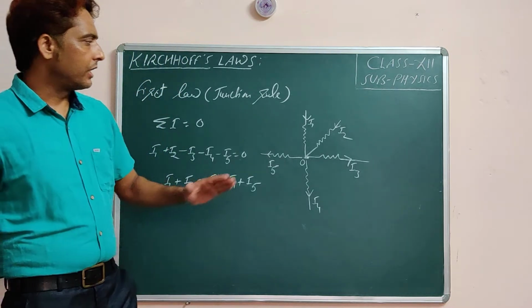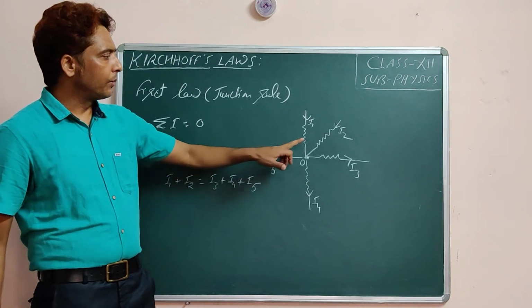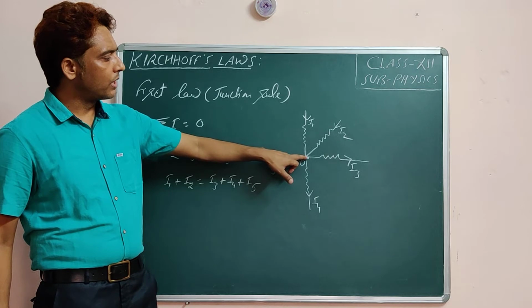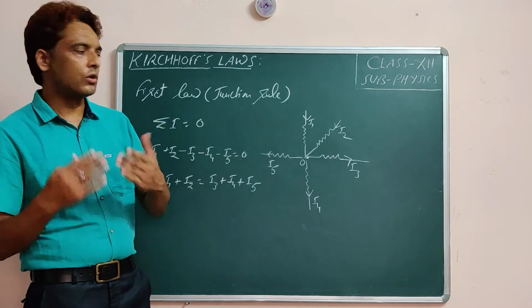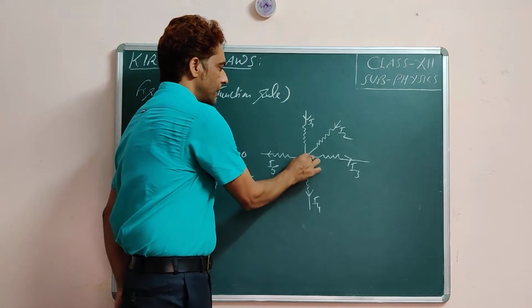So we can also state this law as the sum of incoming currents towards a junction is always equal to the sum of the outgoing currents from that junction.